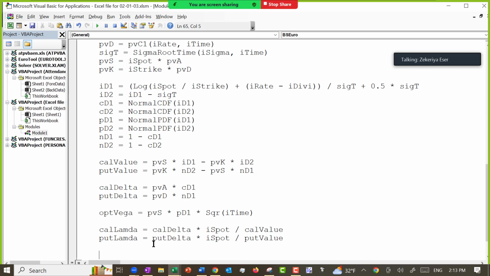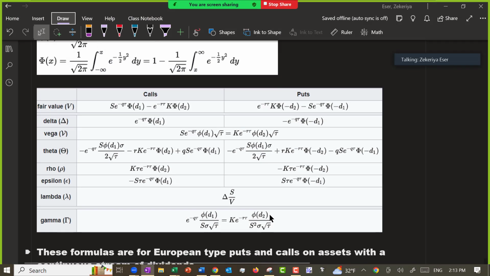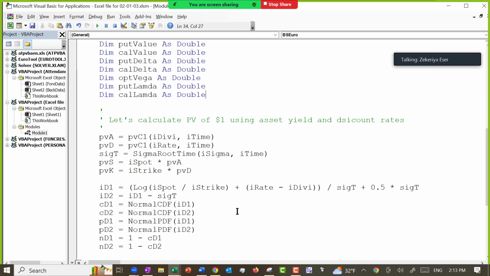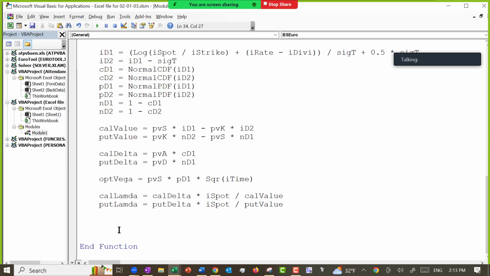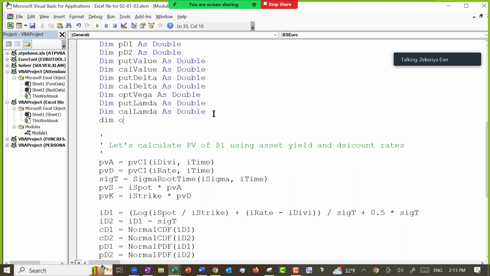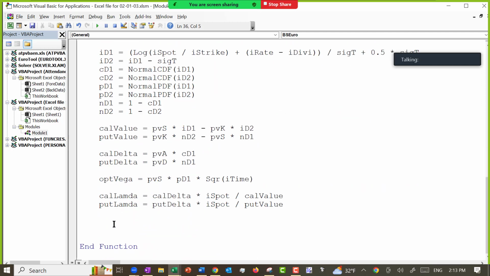So, by the way, gamma is the same whether or not it's a call or a put, okay? So let's call that dim up gamma as double. Let's remember the formula.